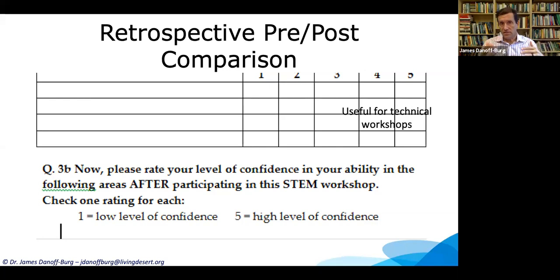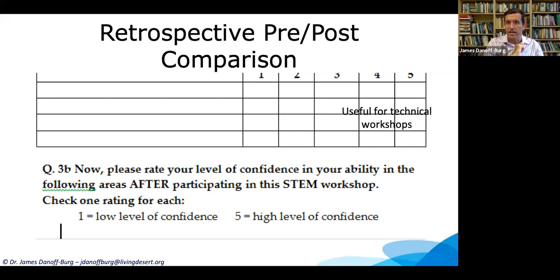And if you were successful as a trainer, you're going to find an increase in the post relative to the pre. So they're going to say, before I was a 2 and now I am a 3. So they've gone up by one rating level. You could say, how comfortable were you with creating sustainable stoves before our survey?